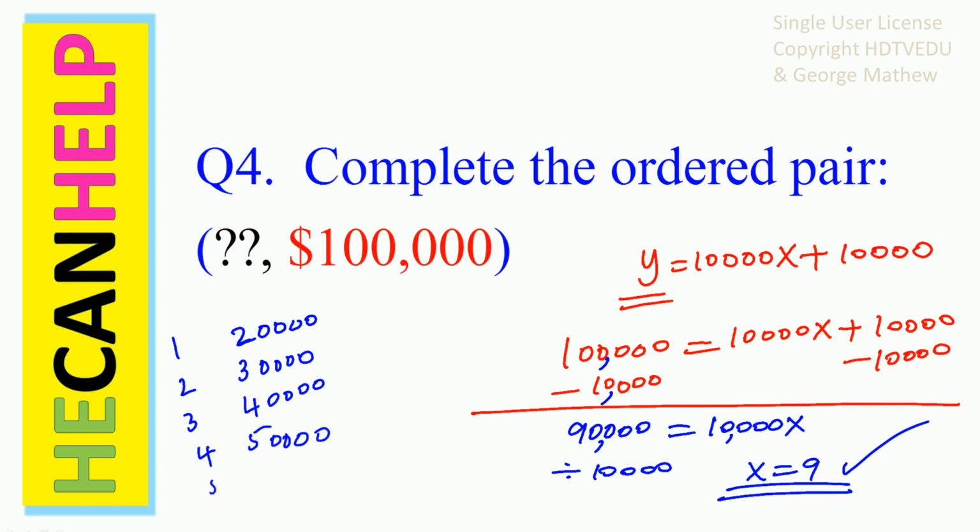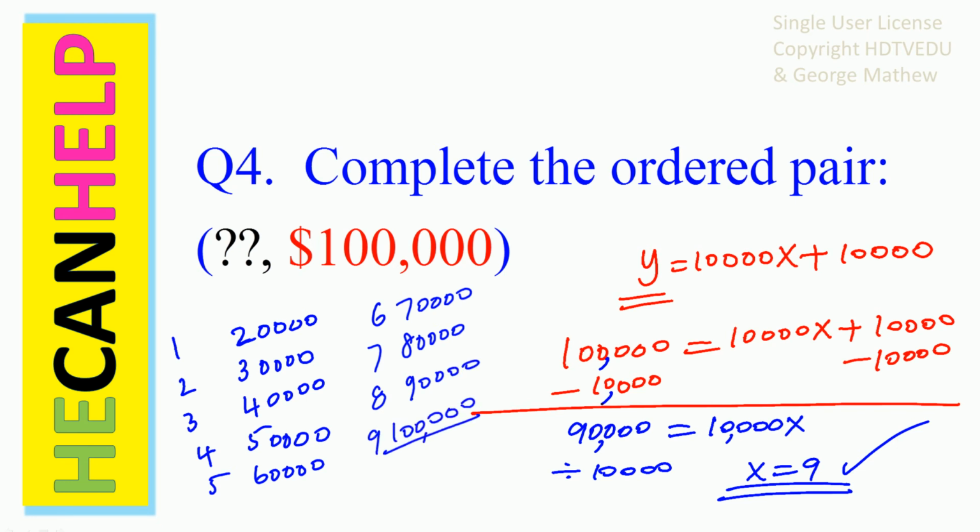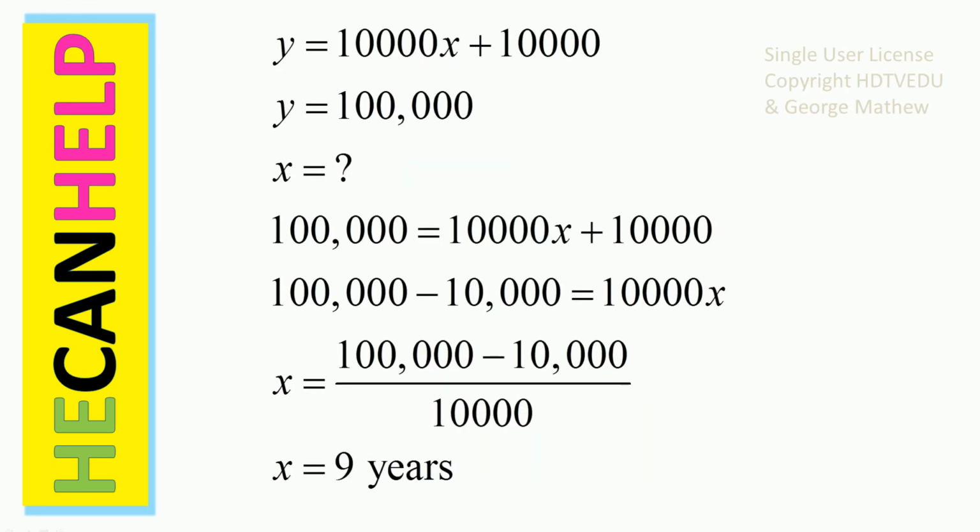Year 5, 60,000. Year 6, 70,000. Year 7, 80,000. And year 8, 90,000. And year 9, 100,000. Makes sense. So that's what I did here.